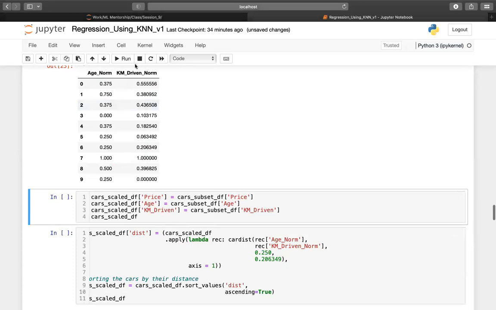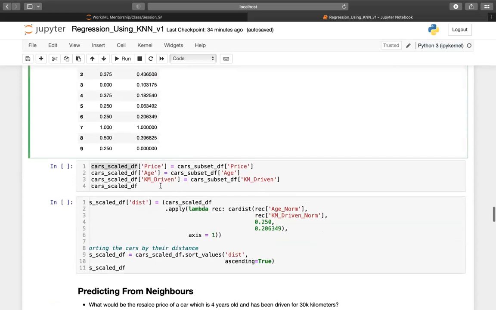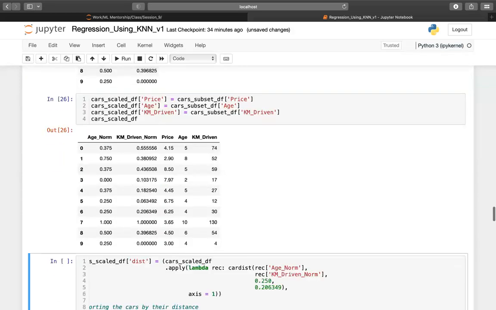And to compare them with the actual age and kilometer driven, let's add the original columns to this cost scale DF, which is the new data that we have created here, so that we can compare and look at it.